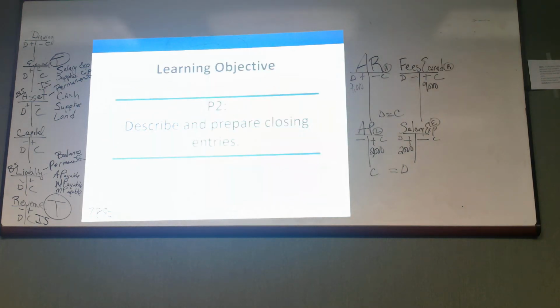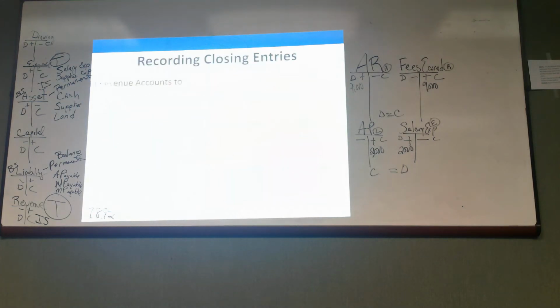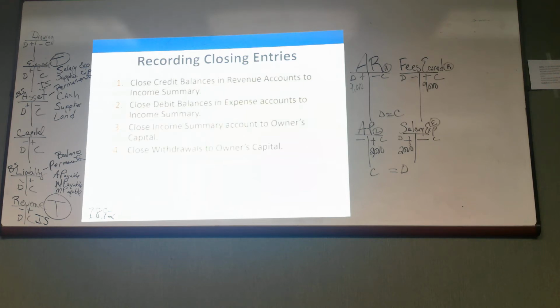All right, describe and prepare closing entries. This needs to be memorized. You need to know how to do this. You're going to close the credit balances in revenue accounts to income summary. Income summary looks different for every company, but it's an account that we created, and it is used to take all of the revenues and expenses and put them in one account.